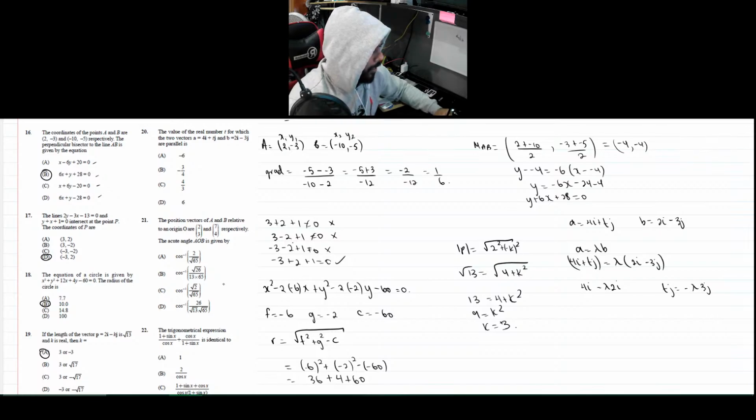I can calculate what lambda is. 4 is equal to 2 lambda. Lambda is equal to 4 divided by 2, which is equal to 2. So t is equal to minus 3 2s are 6. So t is equal to minus 6.